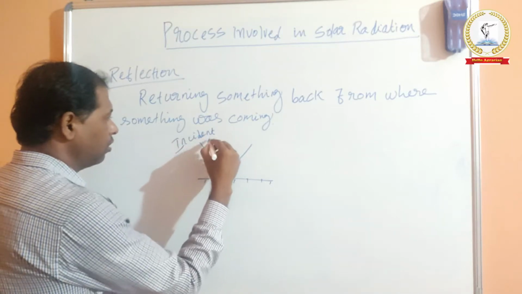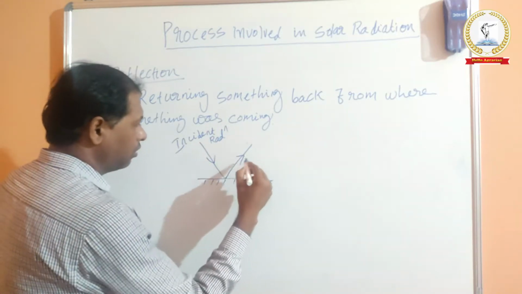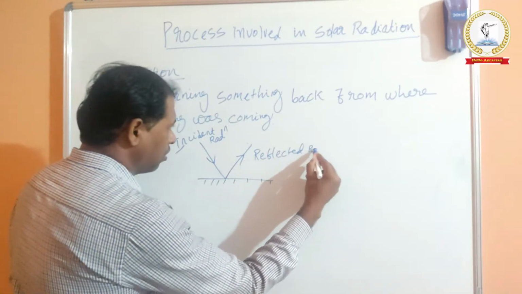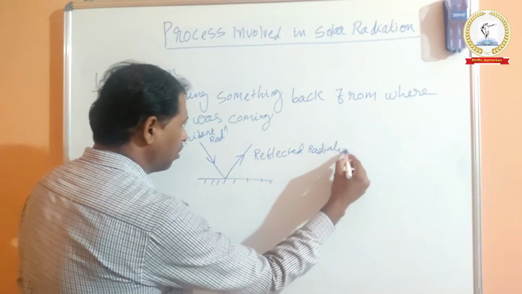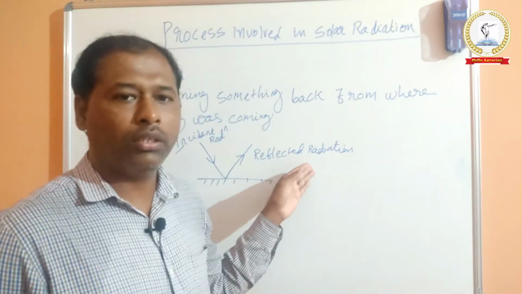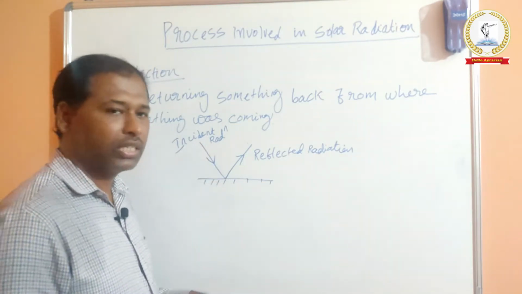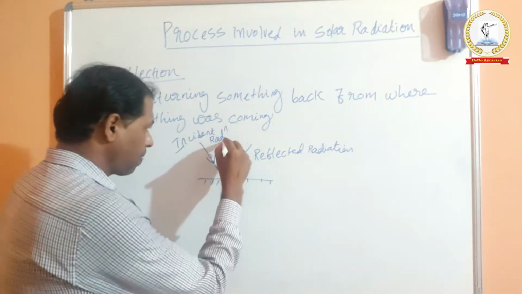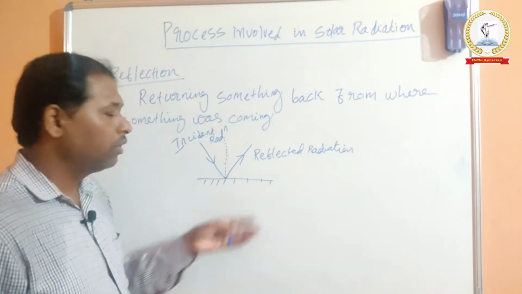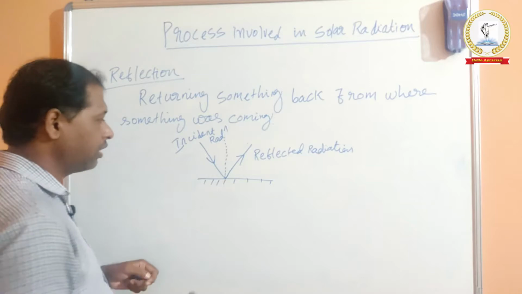This is incident radiation, and this is reflected radiation. The angle of the reflected radiation is dependent on the angle of the incident radiation.